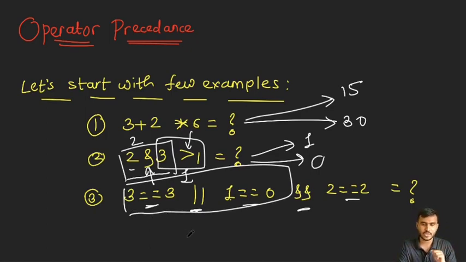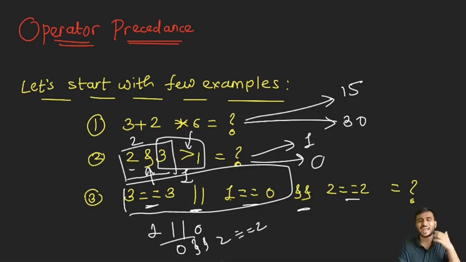In this case, 3 equal to 3 will evaluate first among these expressions, and 3 equal to 3 will result in 1, because 3 is equal to 3. Or we have 1 equal to 0. 1 equal to 0 will result in 0 because 1 is not equal to 0. And 1 or 0 will result in 1. So the output of this expression is going to be 0. Then we have and 2 equal to 2 after this.